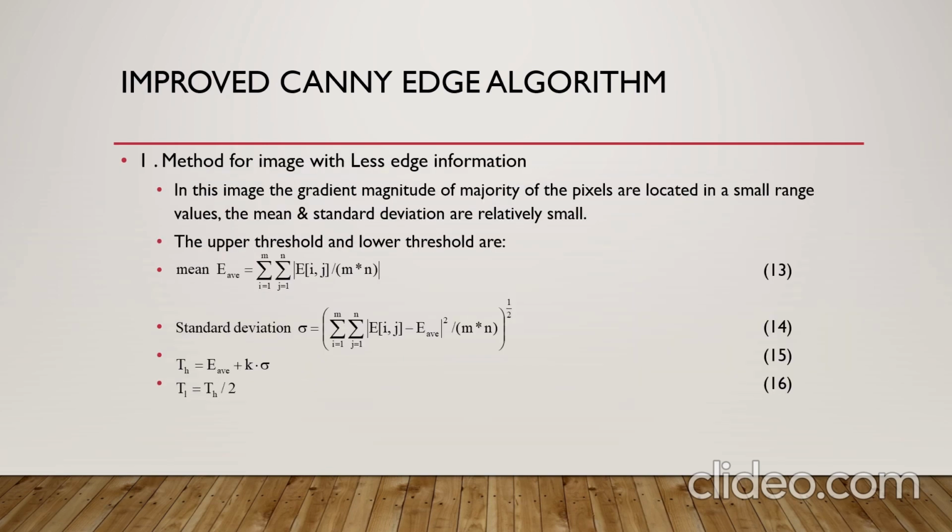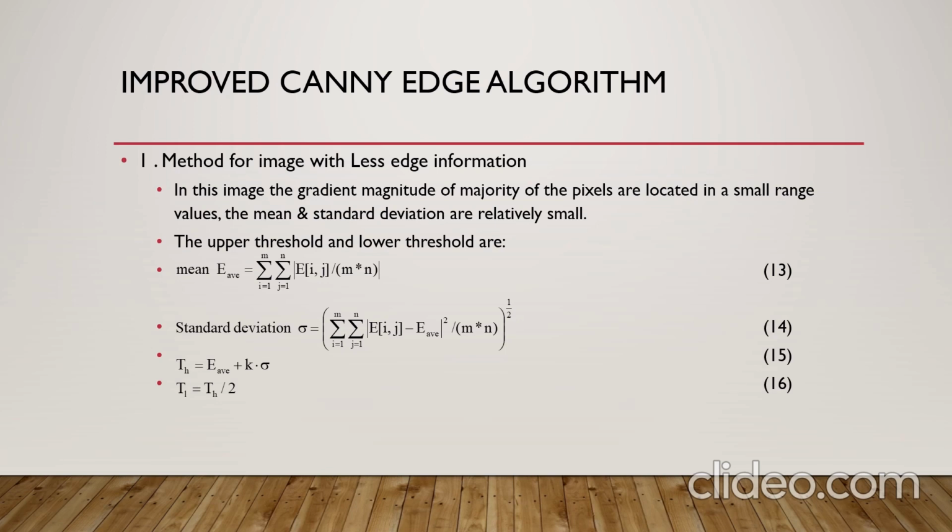The first one is the threshold selection method for images with less edge information. In this image, the gradient magnitudes of the majority of the pixels are located in a small range of values, so the mean and standard deviation are relatively small. The upper and lower threshold values can be found through the mean and standard deviation.